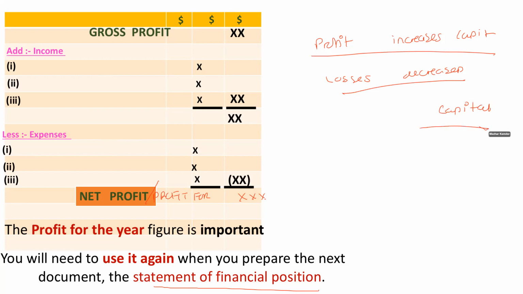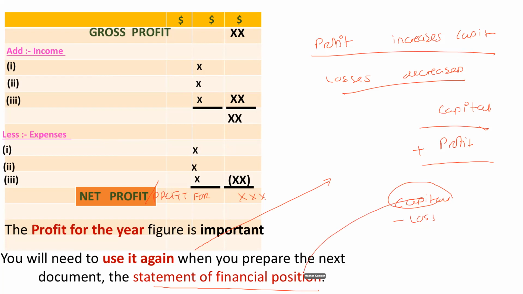So whatever the figure of profit that you get, you will add to the capital. And if you have a loss, you will deduct it from the capital. And the capital is shown in the statement of financial position.